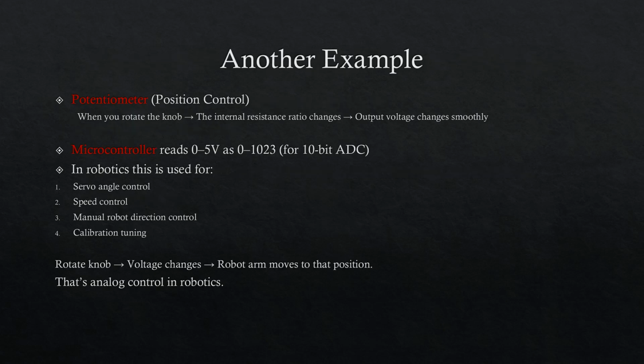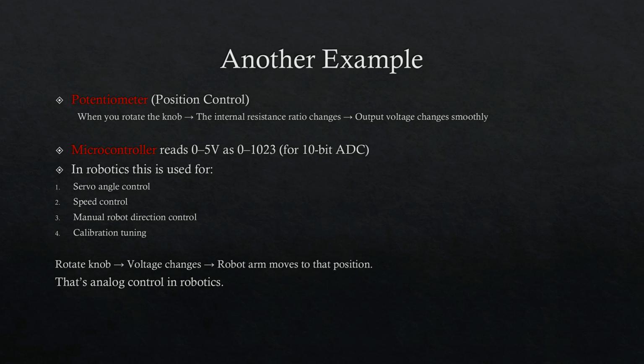Another example we are going to talk about is the potentiometer. It's a rotating knob. When we rotate the knob of the potentiometer, its internal resistance changes, which leads to an output voltage change. As we know, a microcontroller reads 0 to 5 volts as 0 to 1023 for 10-bit analog to digital conversion.